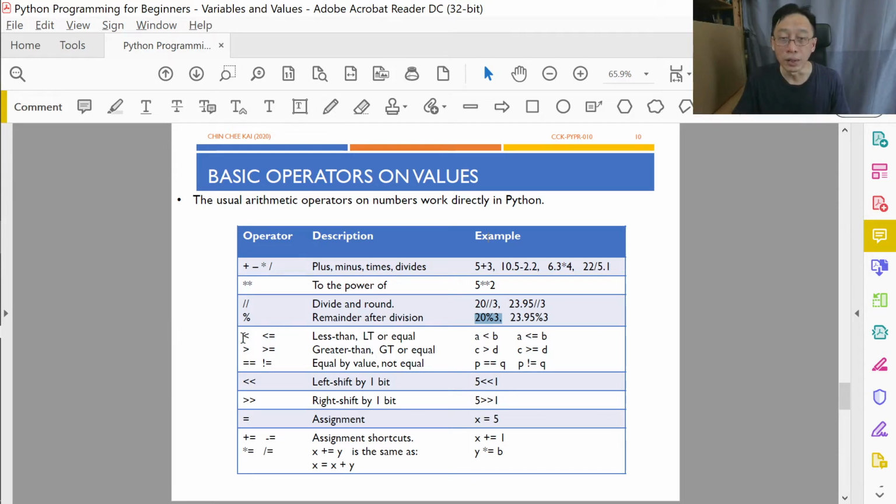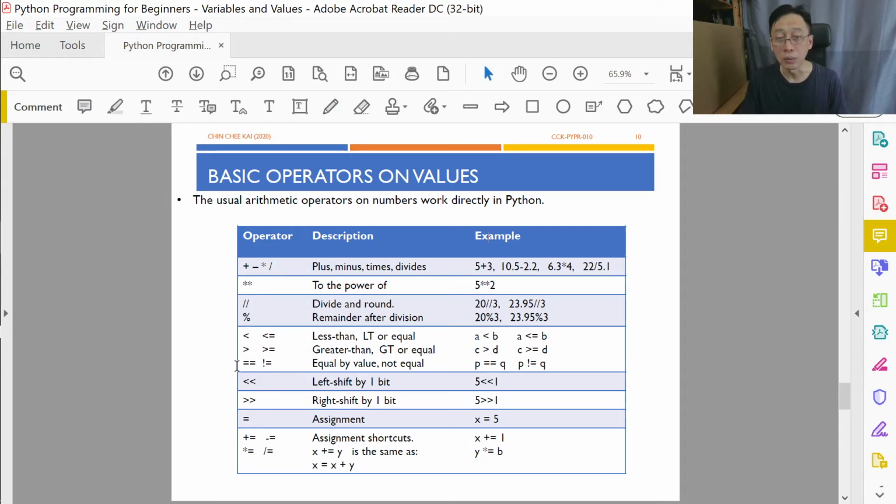And then we have the usual comparisons, less than and less than equal. Less than equal, please pay attention. It is not the same as equal less than. You cannot spell it this way and expect Python to understand. It will not be valid.